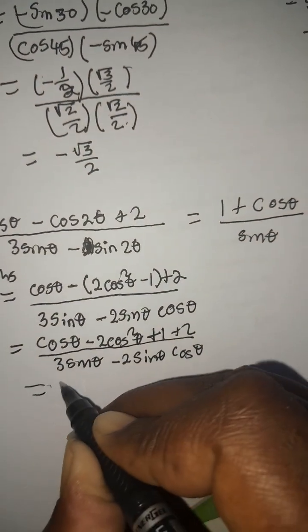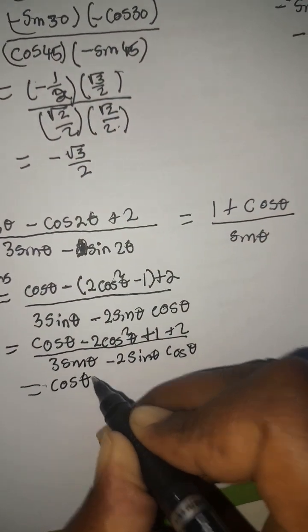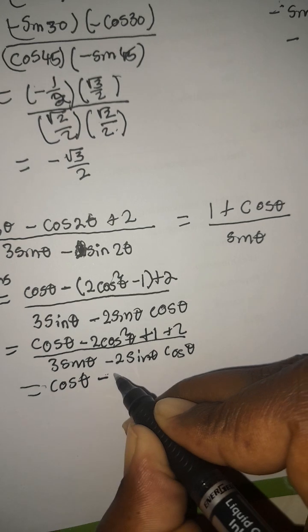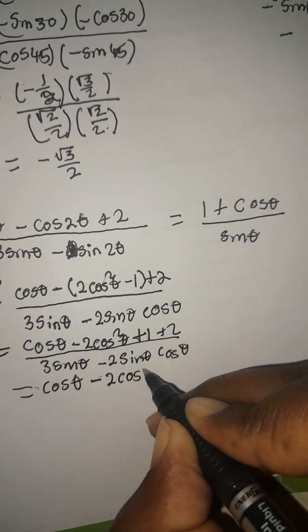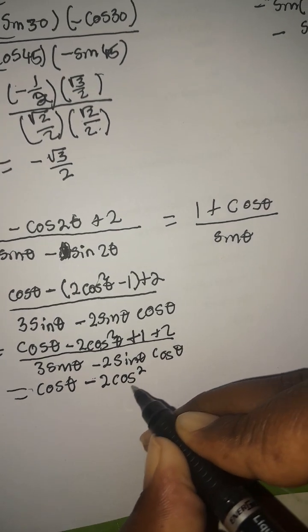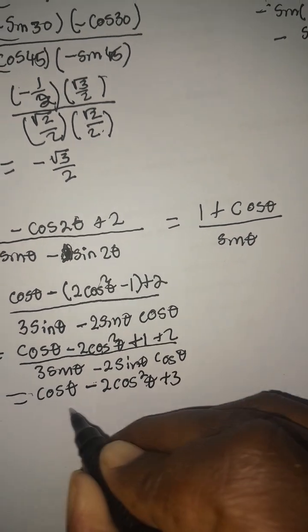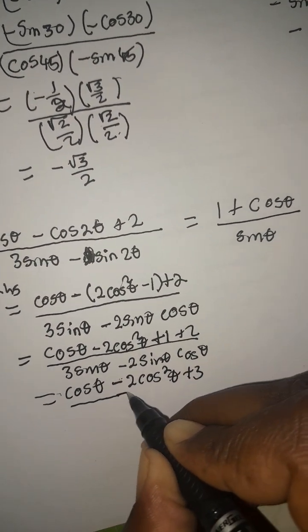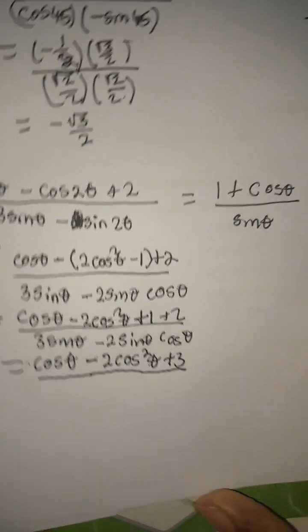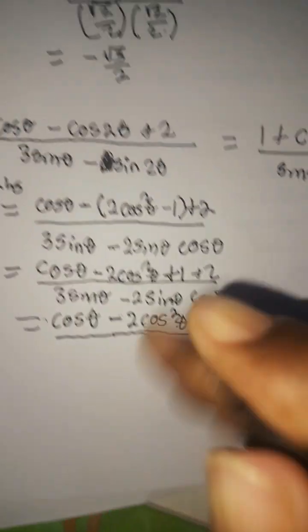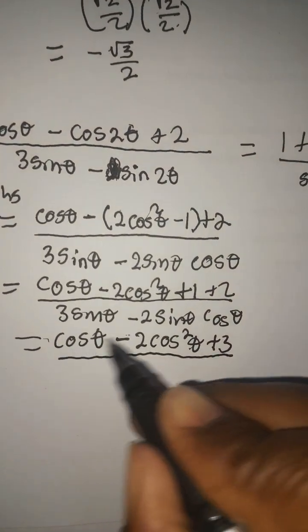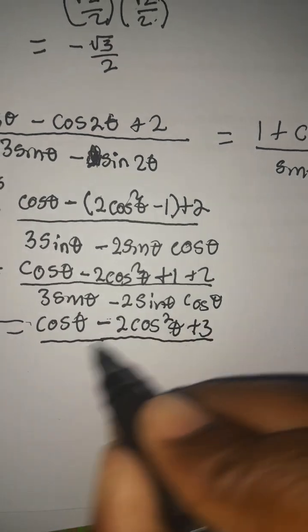So from here we have cos theta minus 2 cos squared theta, and 1 plus 2 will be 3, the like terms. I want us to be very careful when it comes to this part. We need to find the highest common factor at the denominator.